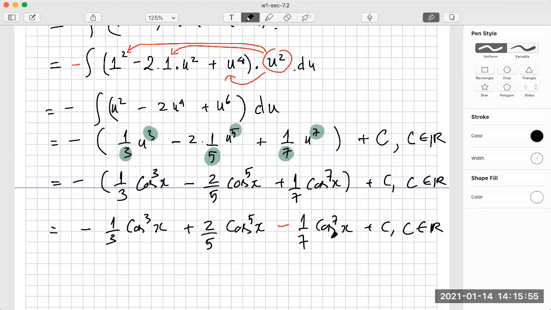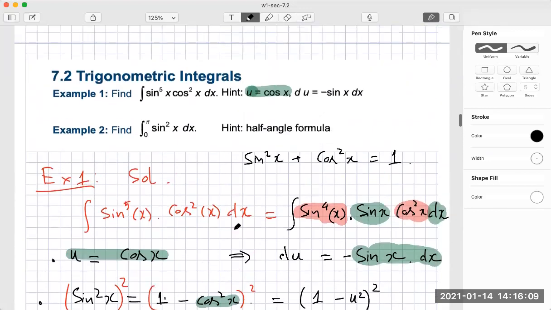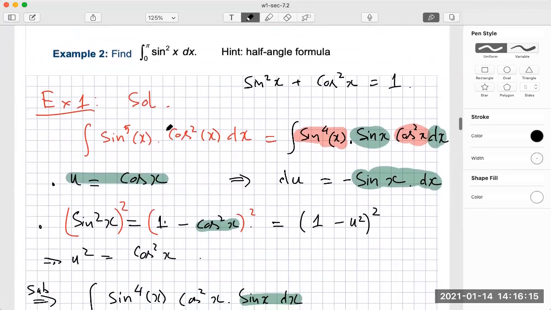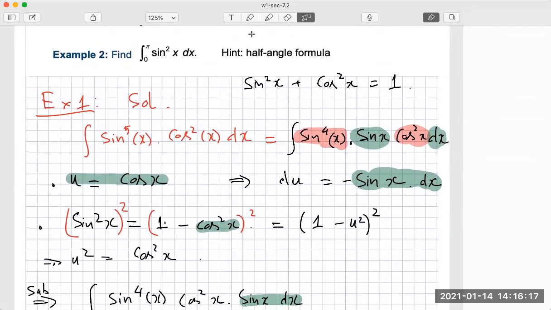So we good, right? That's it for the first example. The second one here. Suppose we need to compute this guy, integral from 0 to pi of this one.